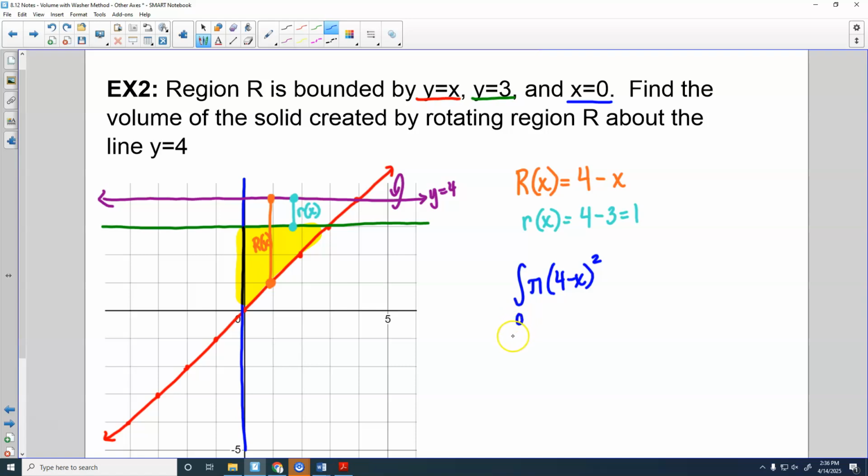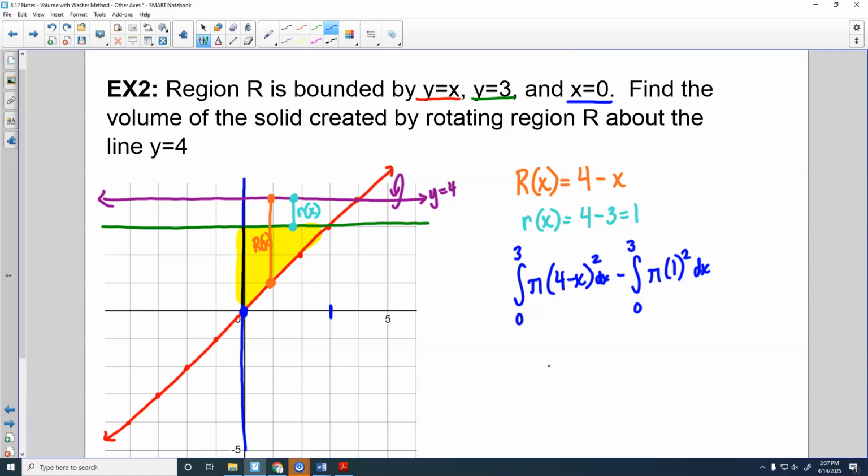Not 0 to 4. 0 to 3. It comes from your x-axis, so it's right here at 0, over here to 3 for that. So that would be like our outside minus our inside, so still from 0 to 3, pi times 1 squared, split the x's with this.